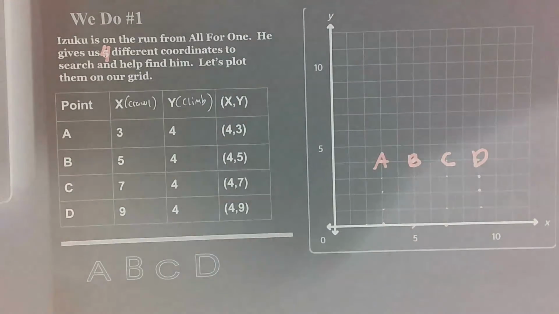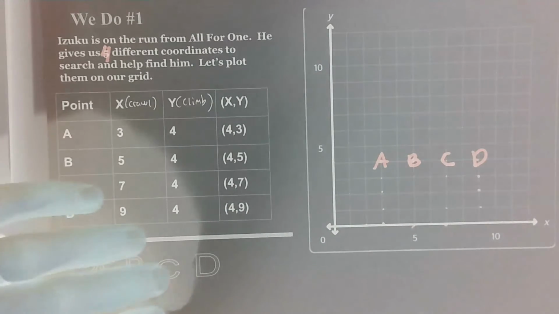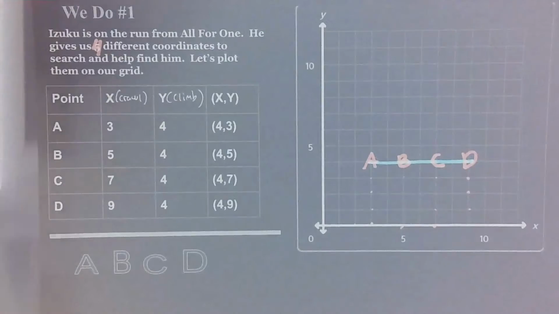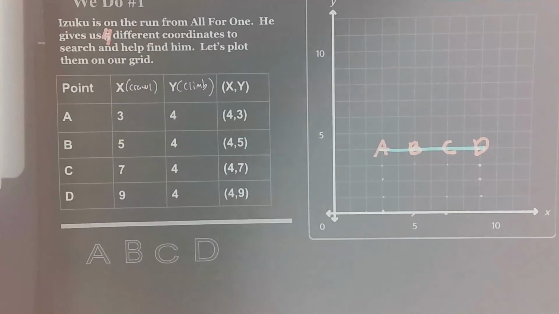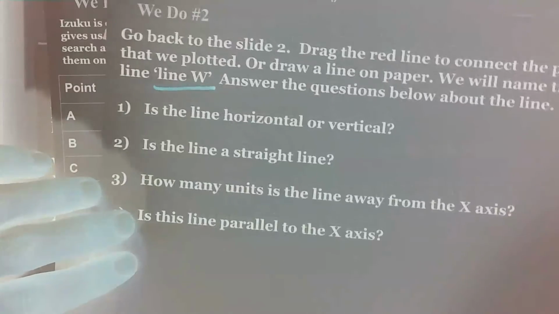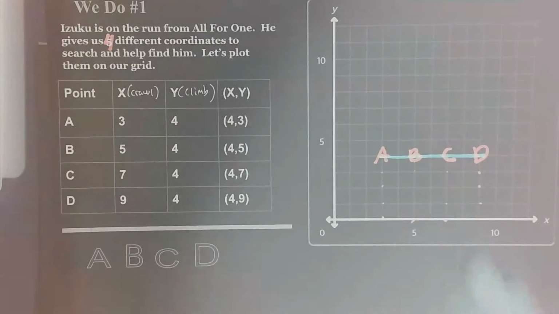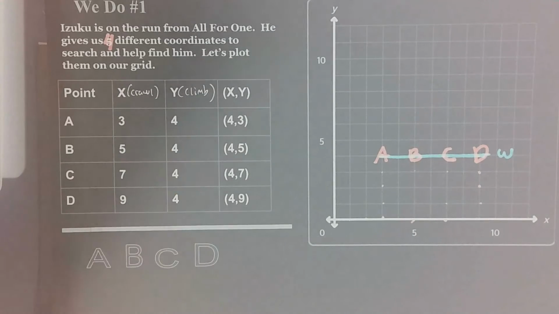We are going to draw a line that connects each of these points, starting with A all the way to D. By dragging the line or drawing it, let's make sure we create this line. And again, it wanted us to name the line W. We already have an x-axis and a y-axis, but this is going to be W.